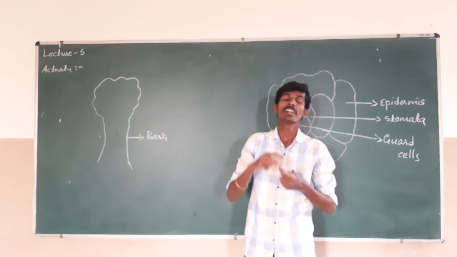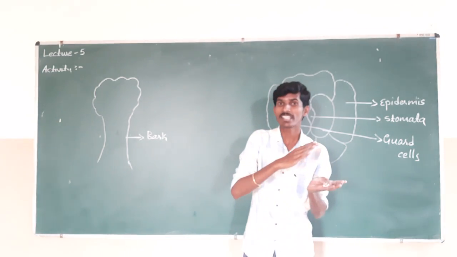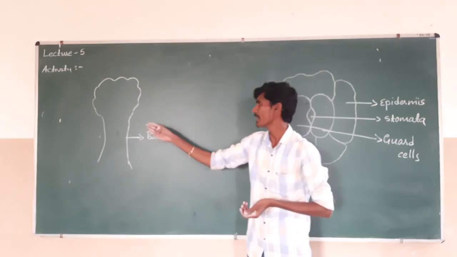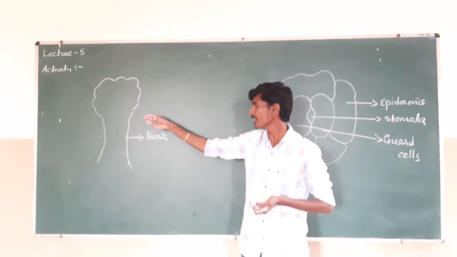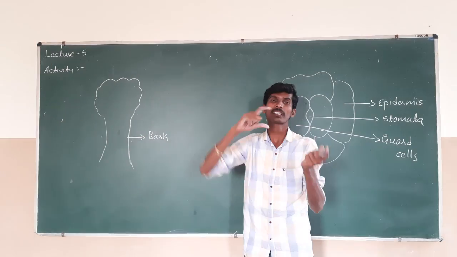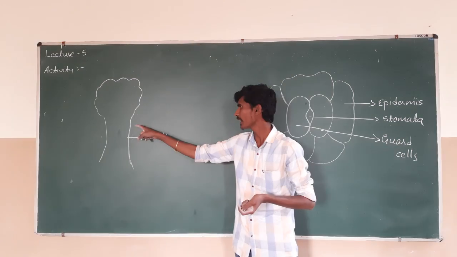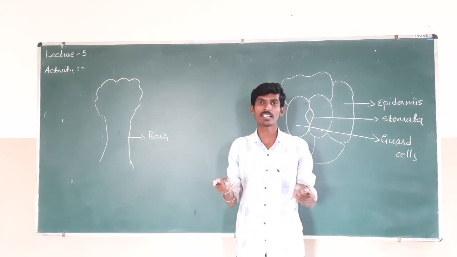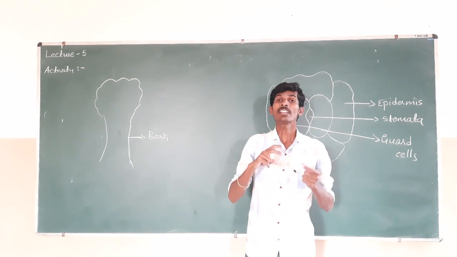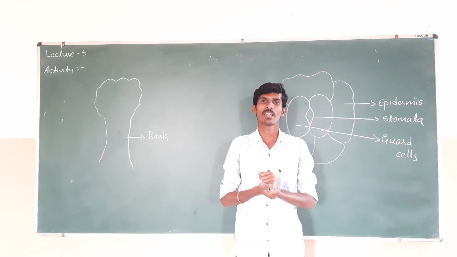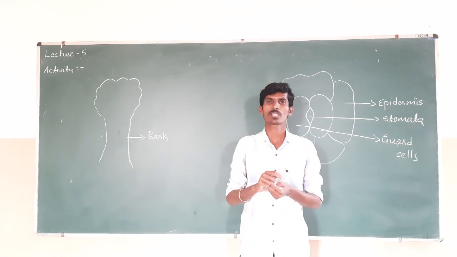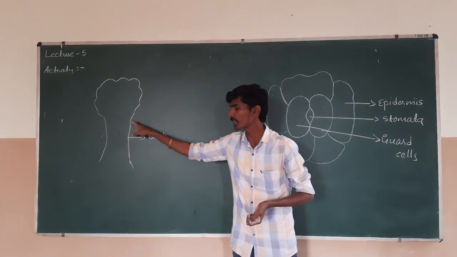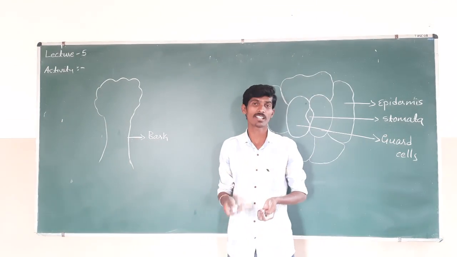The cells of the outer layer are arranged compactly and form several layers. There are no intercellular spaces.